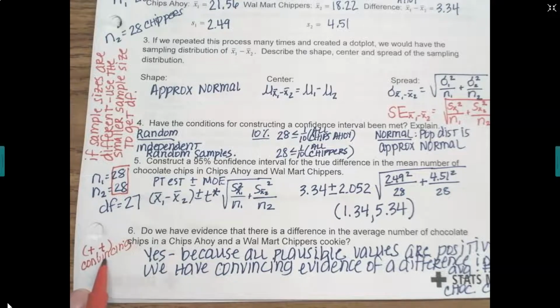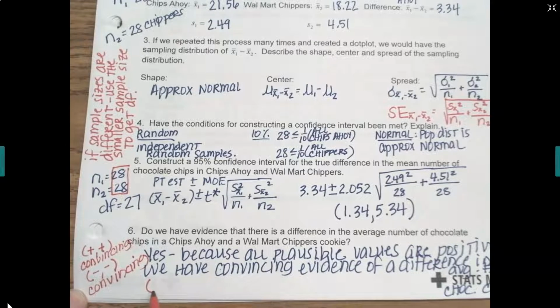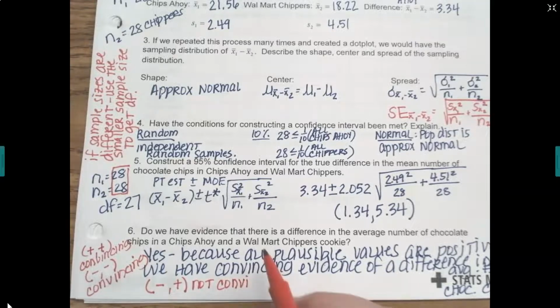This would be the first one's bigger than the second one. If we got minus minus, this is also convincing evidence because that just means the second one was bigger than the first one. If you get a negative and a plus, though, this is not convincing, because 0 is a plausible value is really what that means.